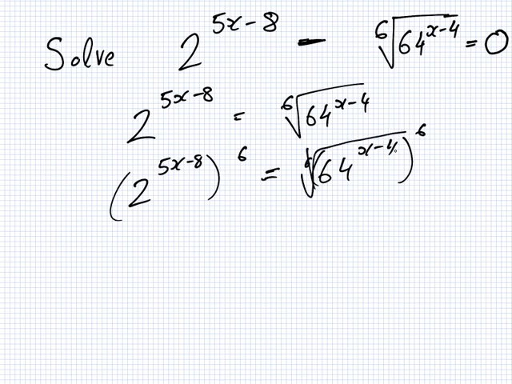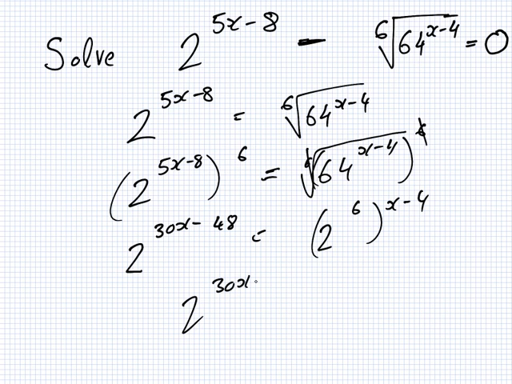And these cancel. So now I have 2 to the power 30x minus 48, that's 2, 4, 8, 16, 6, is it? Yes. X minus 4. Yeah. 2 to the power 30x minus 48 equals 2 to the power 6x minus 24.